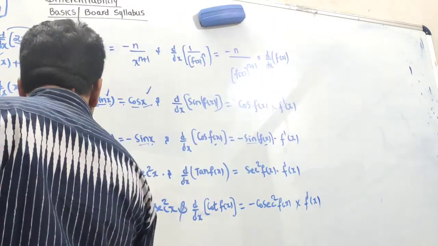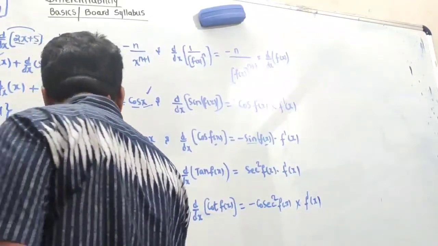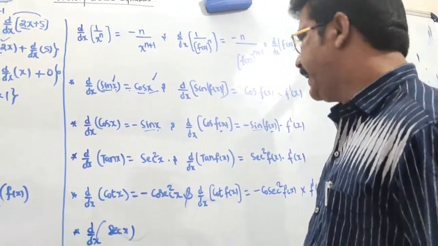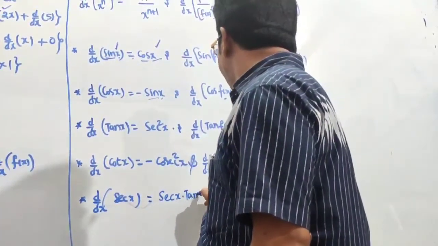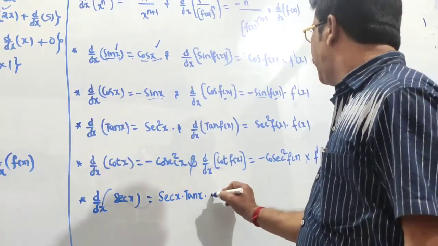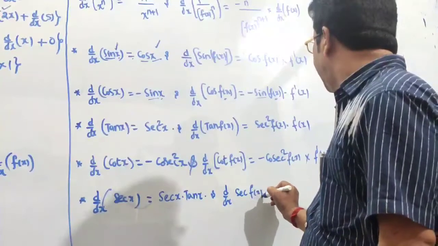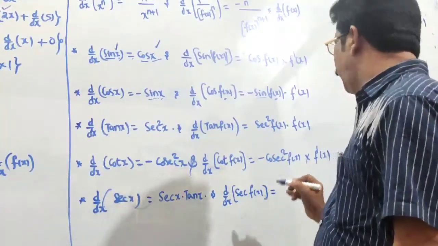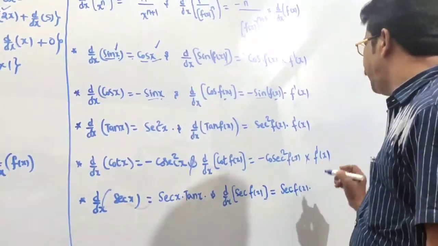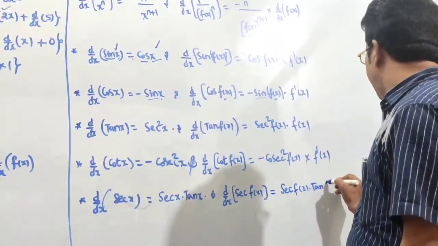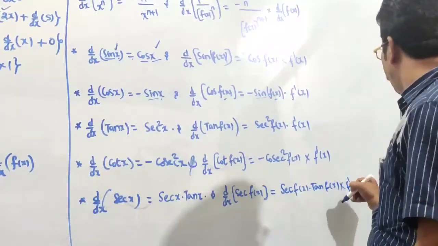Next, tan, cot, secant, d by dx of secant x is what? Secant x into tan x, and d by dx of secant of f of x equal to what? Secant f of x into tan f of x into f dash of x.